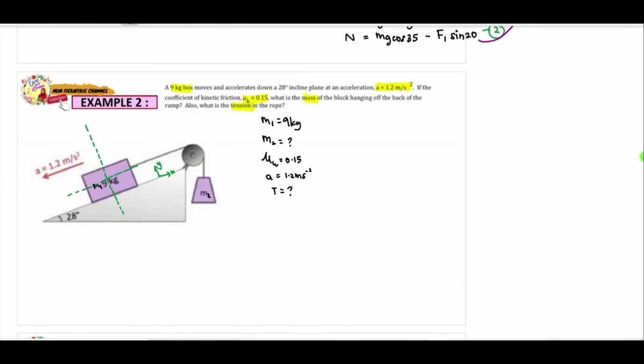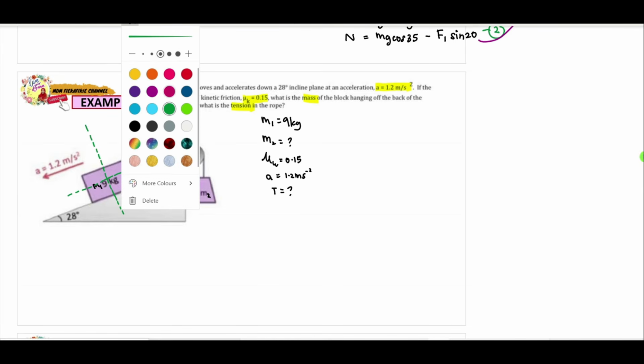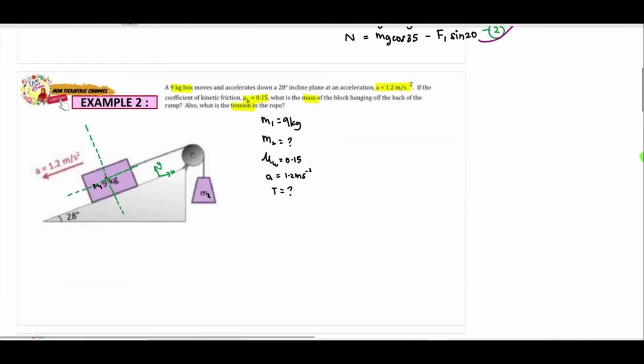So, sekarang dekat soalan kita tengok two objects attached by a rope. So, rope tu mesti ada tension T. Okay, so kita lukis dulu. Alright, so W, make sure W is straightly downward, W1, and this is the angle, 28 degree.